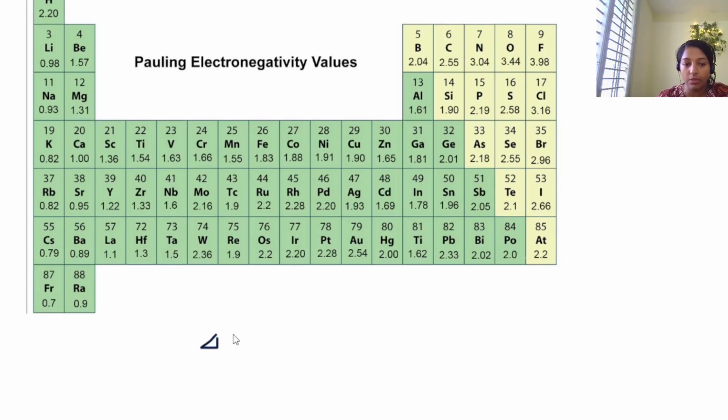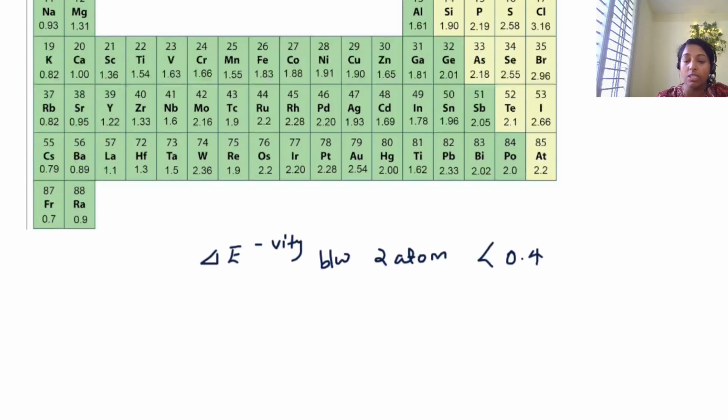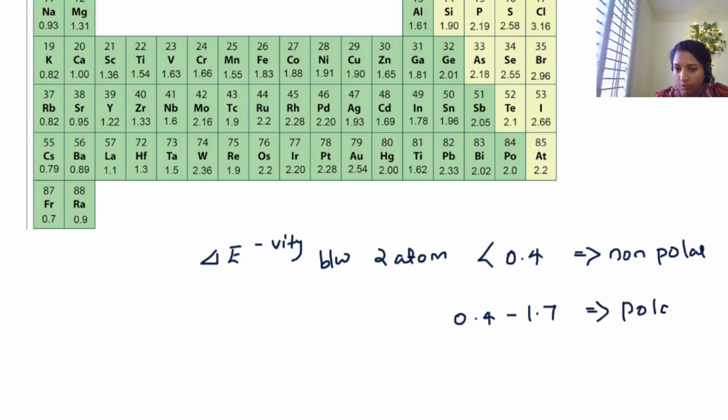If the electronegativity difference between the two atoms is less than 0.4, it means a very slight difference, so you can say it is non-polar. If it is between 0.4 and 1.7, then it is polar.